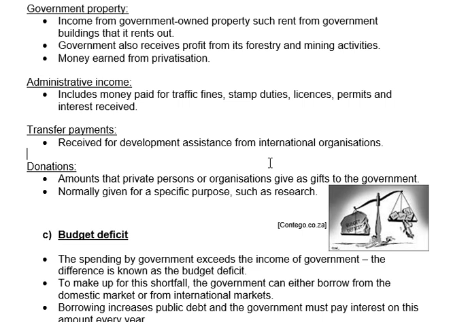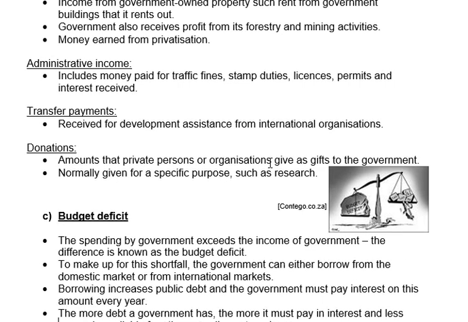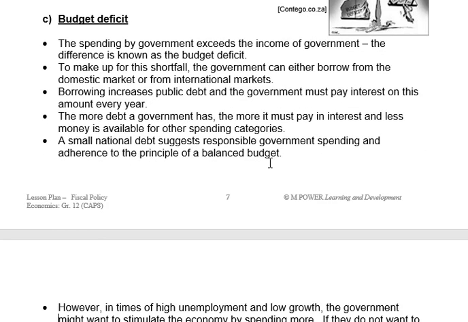All right. The last component of the fiscal policy is the budget deficit. As I said, we have a budget deficit if the government plans on spending more money than the income that they are going to receive. So if they spend more than what they earn, that is known as the budget deficit. And as I mentioned already, to make up for the shortfall, you can't spend money you don't have.